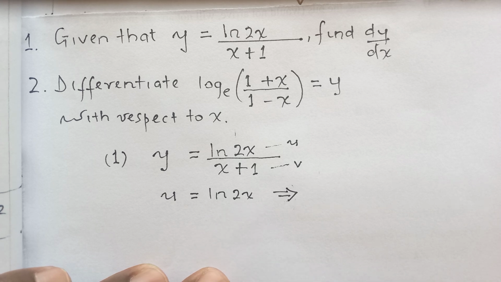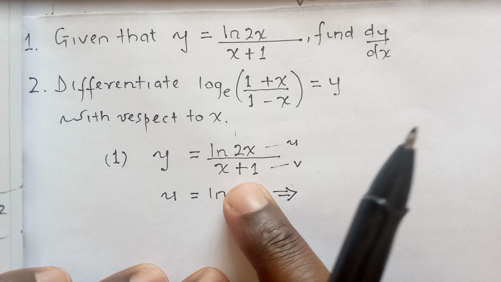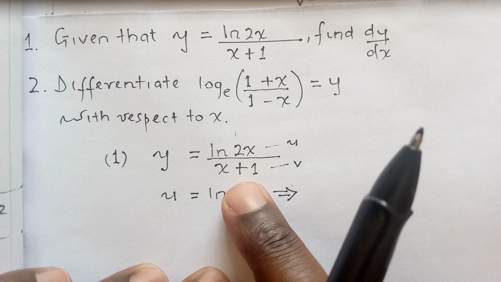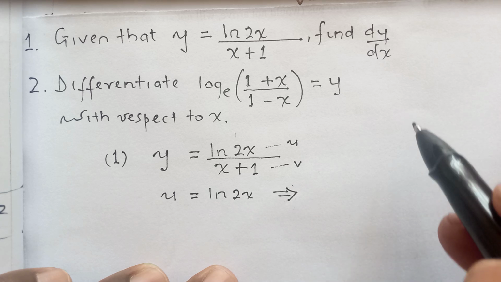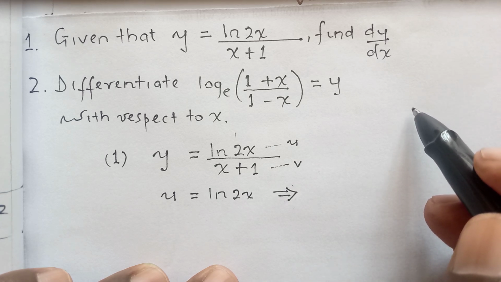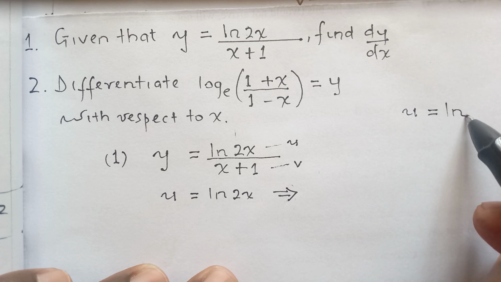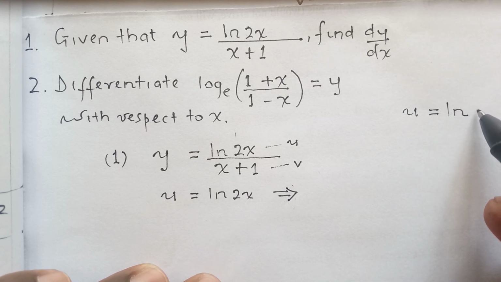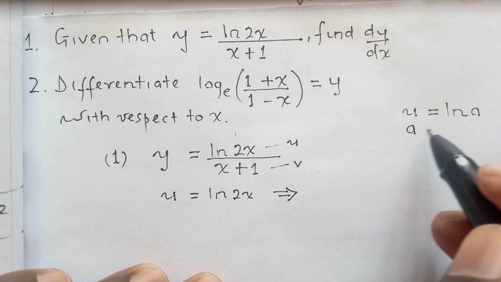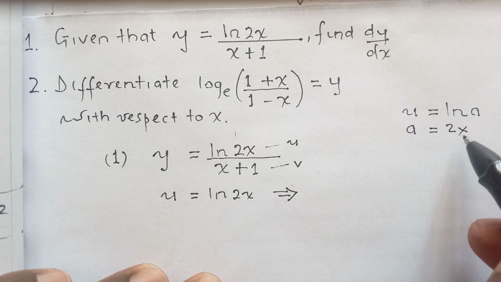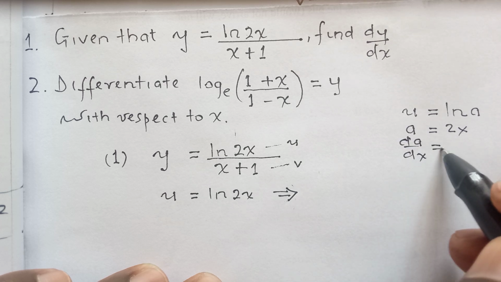First of all, we let 2x be a. So u is the natural log of a, where a is equal to 2x. So da over dx is 2.